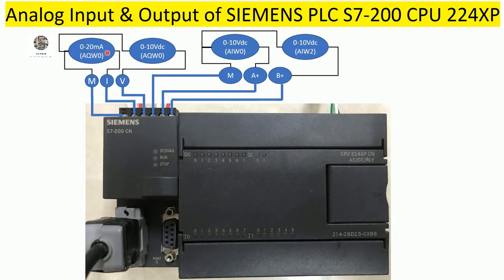And if we measure M with V, we will find 0 to 10 volt DC, and the raw data is from 0 to 32,000.